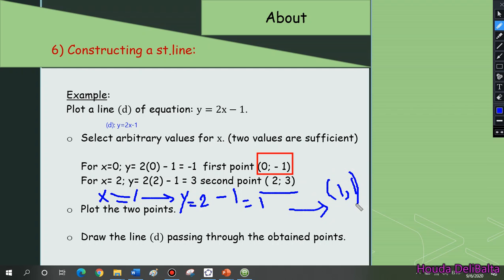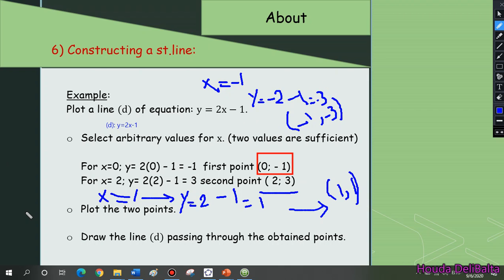We can take also minus 1. If we take x equals minus 1, we will get that y equals 2 into minus 1 is minus 2, and minus 1, which is minus 3. And the point is (-1, -3). So that's so simple.